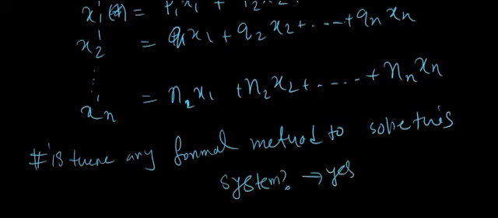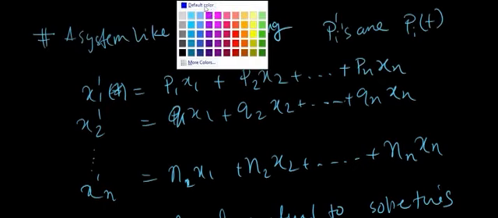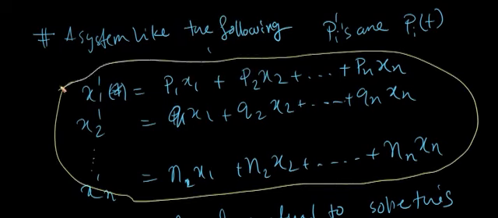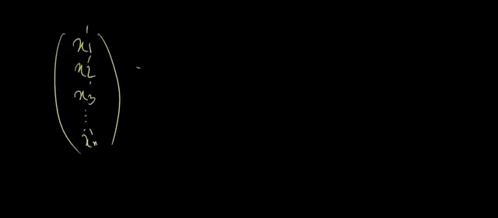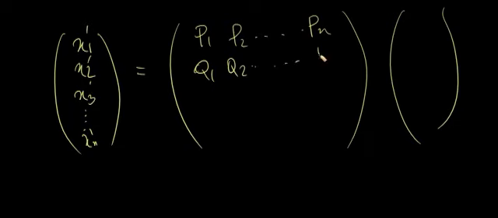The answer is yes. If you see this system over here, you can think of it as a column vector on the left hand side where you have these derivative things clumped up, and here you will have a matrix that will consist of p1, p2, dot dot dot, pn, q1, q2, dot dot dot, qn, and so on.